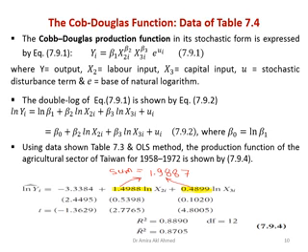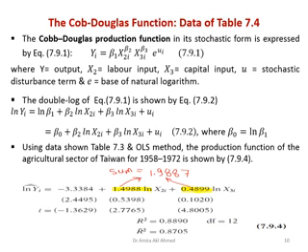From equation 7.9.4, we could say that over the period under consideration, holding the capital input constant, a 1% rise in the labor input resulted on average in around a 1.5% increase in the output. Similarly, holding the labor input constant, a 1% increase in the capital input led on average to about 0.5% increase in the output.